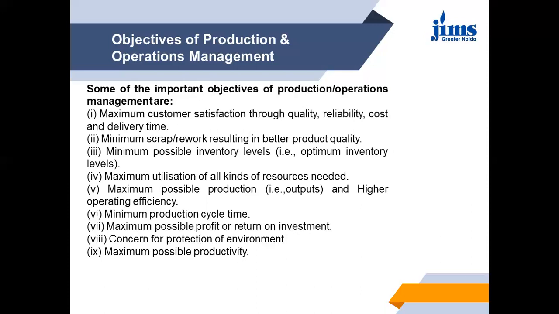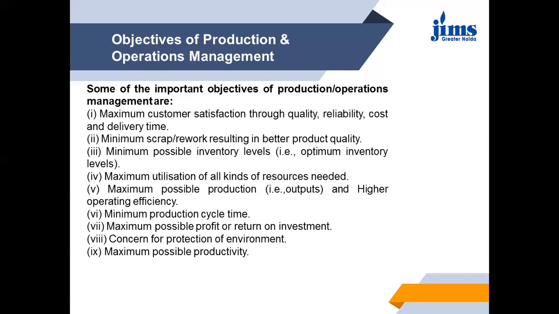Next point, to attain the objective of minimum scrap or redundancy, resulting in better product quality. That means every production and operations system will aim at minimum wastage occurring in the factory or the plant.